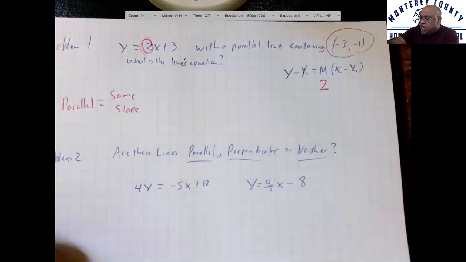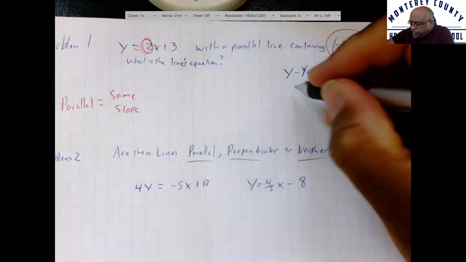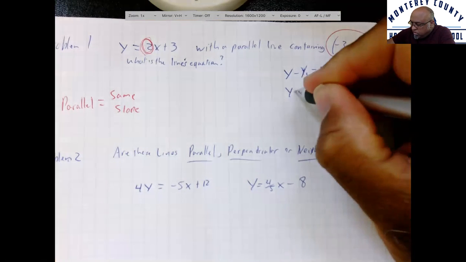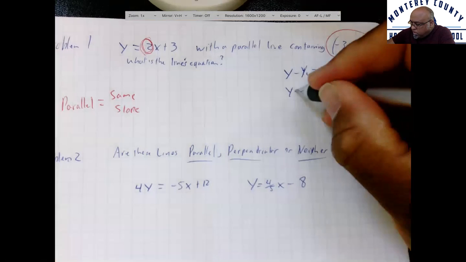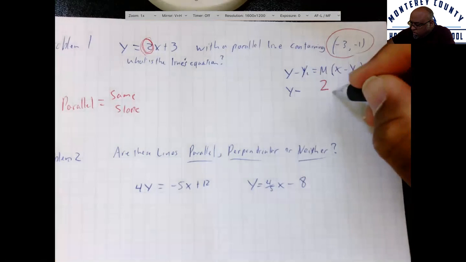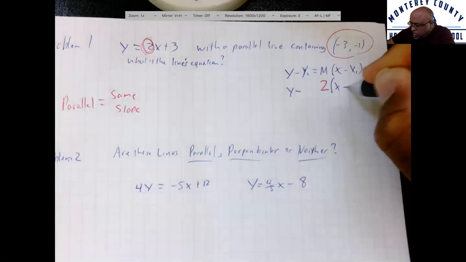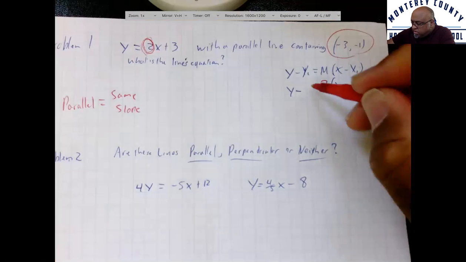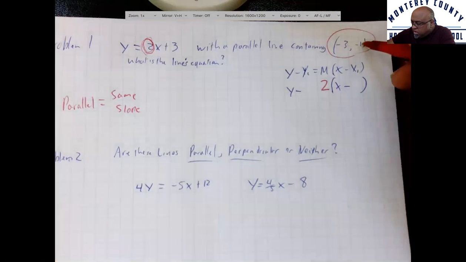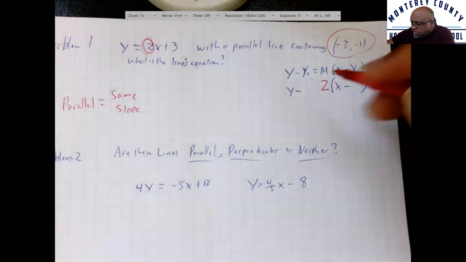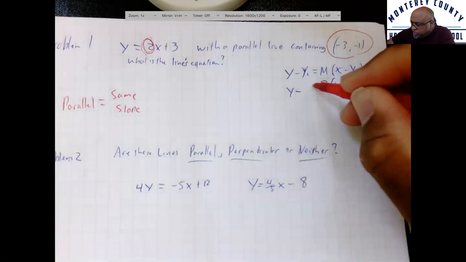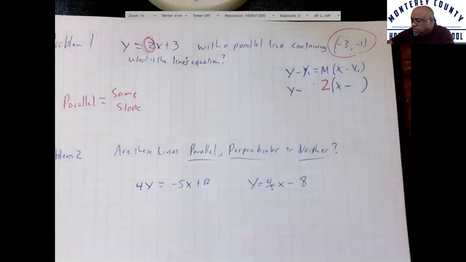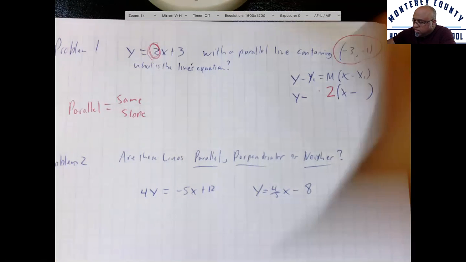Okay. Now, I'm going to write the rest of the form here. Okay. So I have my y value is -1. Oops, I forgot to write the equals here. Let me do that.